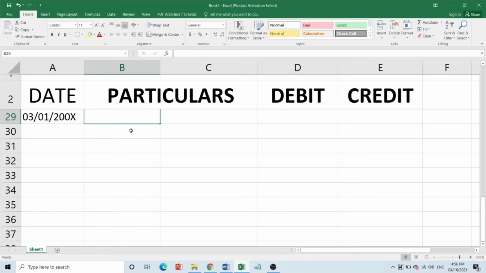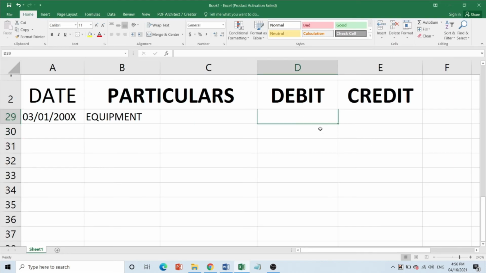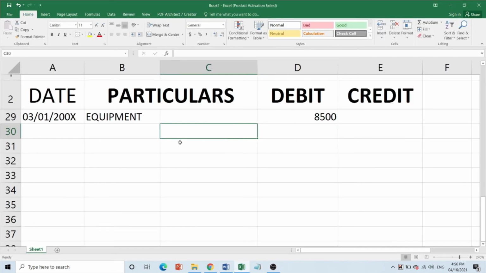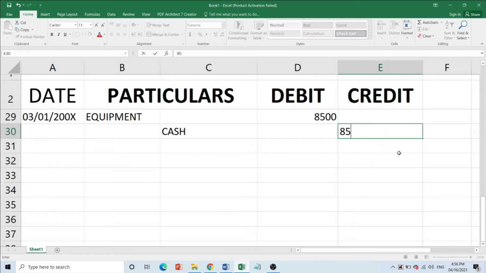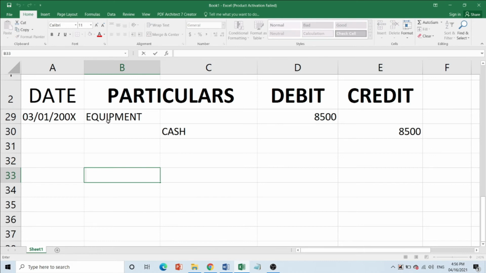March 1, Pedro paid 8,500 for an equipment. Okay. Anong na-receive? Equipment. Kasi bumili ka ng equipment. Worth 8,500. Paid. So, bayad ka ng cash, amounting to 8,500. Effect sa ating accounting equation. Equipment is an asset account.